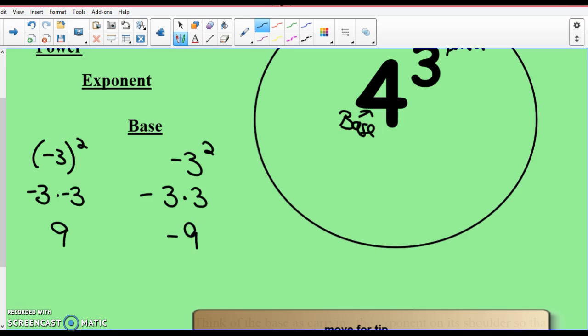Guys, that is one of the most important facts of exponents. If you have a number in parentheses, the number in parentheses gets multiplied the number of times. This negative gets carried along, the 3 is being squared. That is a super important point.